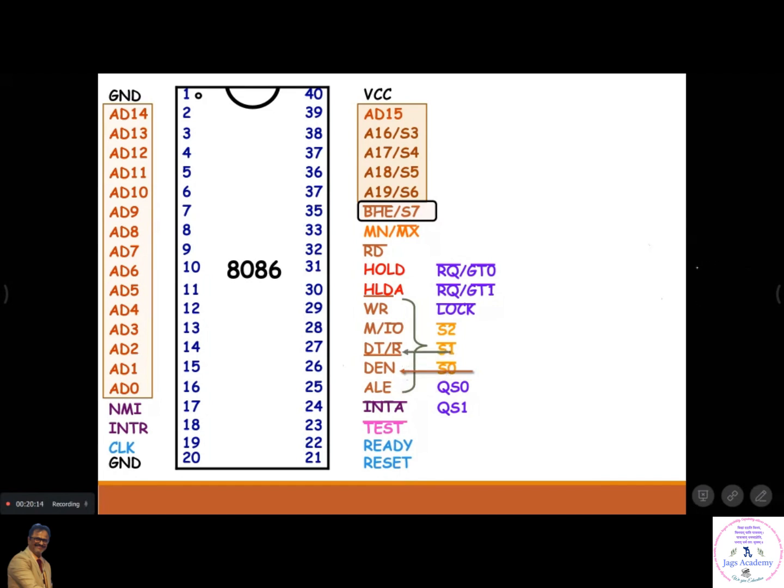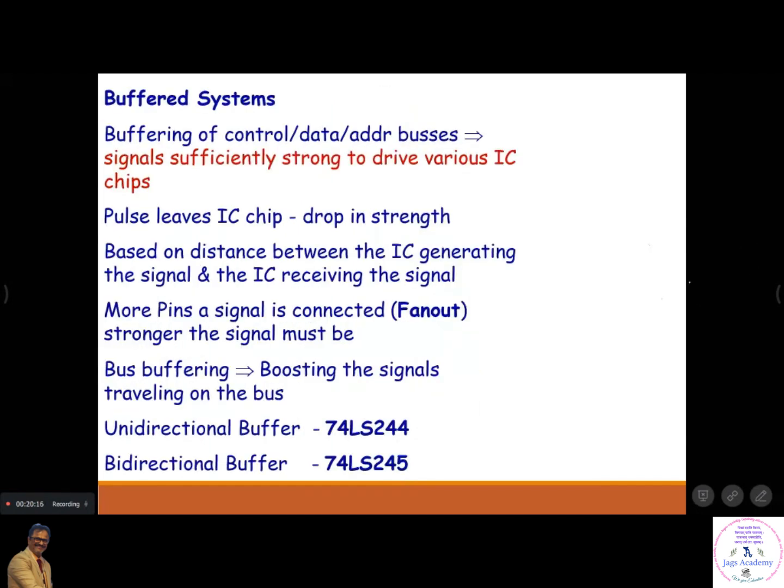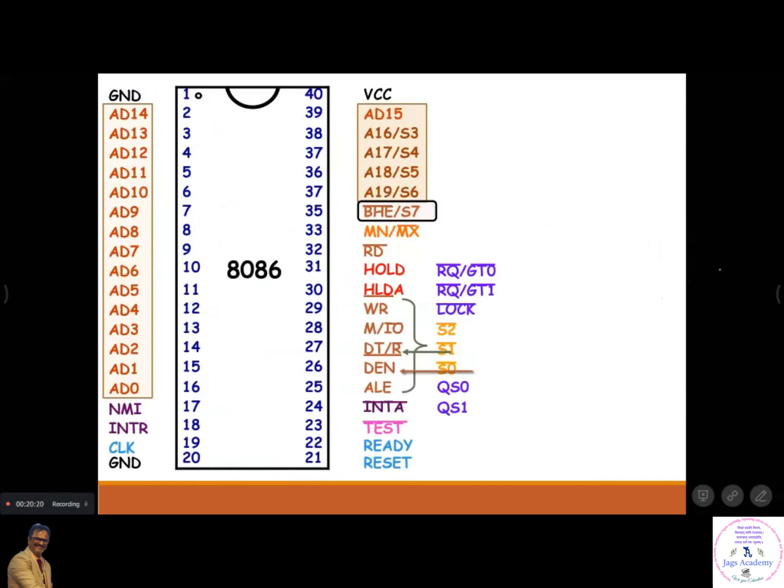Data enable. What is data enable? Hope you remember I told you during my last class. What is data enable? Exactly. We have seen how to separate your address bus. And the address bus is unidirectional, so a latch will work there, right? But the data bus is bidirectional.